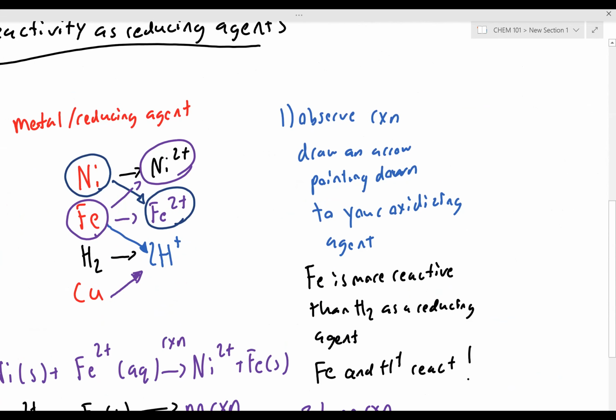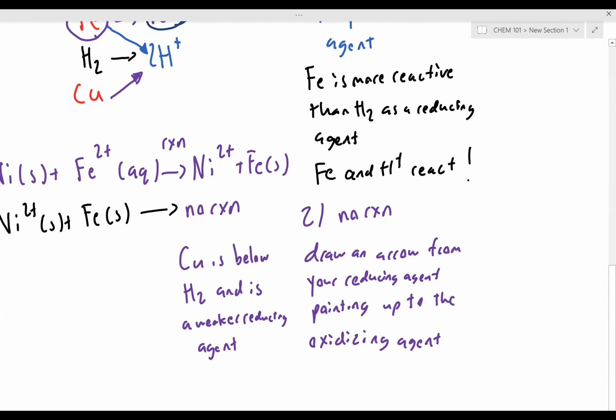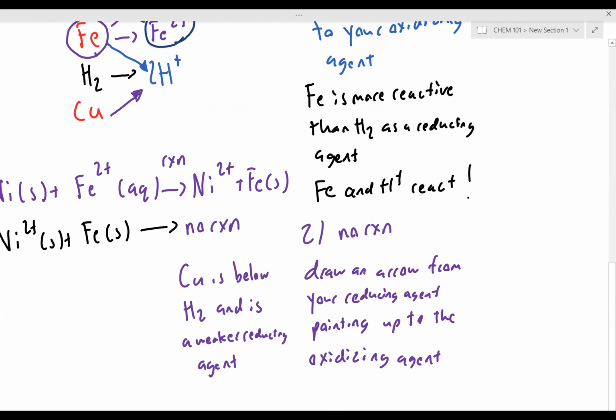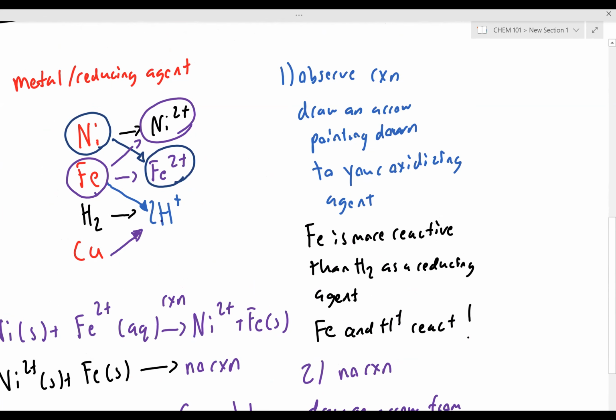If I see a reaction, I draw an arrow going from my metal to my cation pointing down. So iron reacts with H+, so the arrow is pointing down. If I do not see a reaction, I draw an arrow from my reducing agent, from my metal to my ion, pointing up. So in this case, we know copper does not react with HCl, so copper is below H+. Does that make sense?